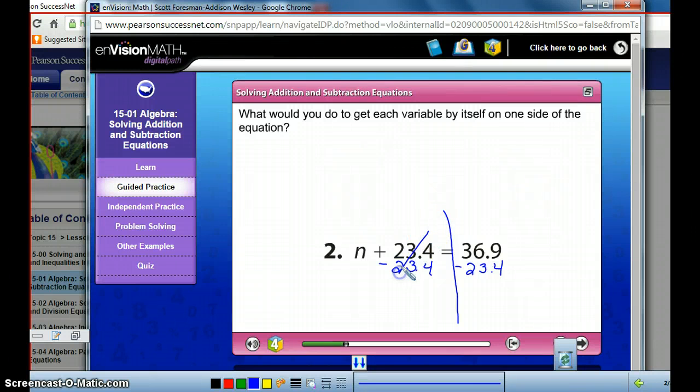So I draw a line through it. It's eliminated. I draw my long equal sign underneath. Now all I'm left with on the left-hand side is n equals, and subtract on the right. 9 minus 4 is 5, decimal point. 6 minus 3 is 3, and 3 minus 2 is 1. N equals 13.5.